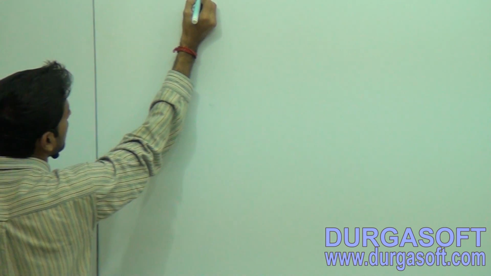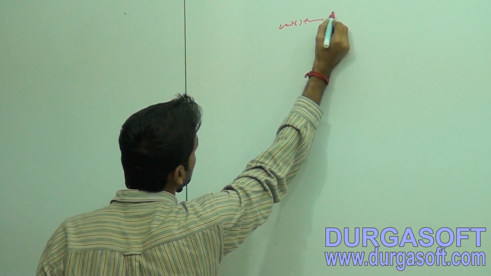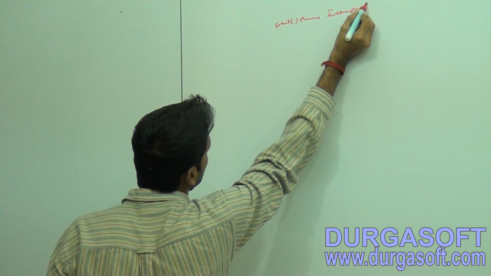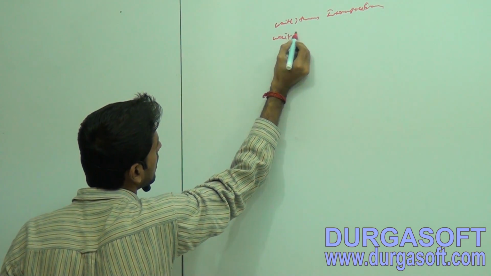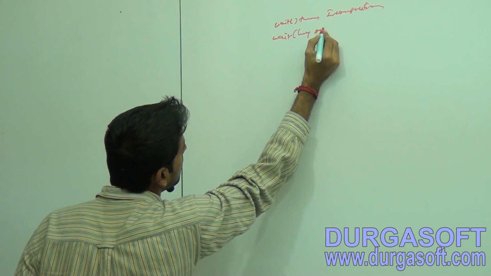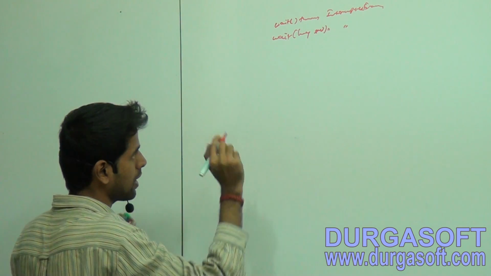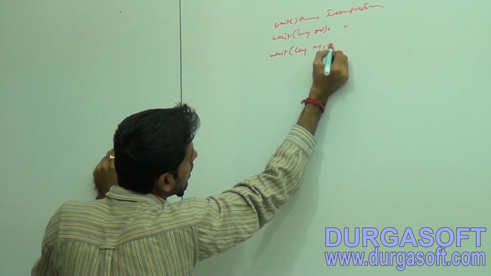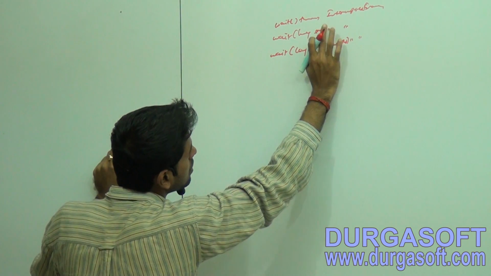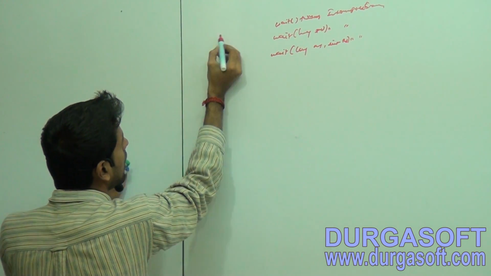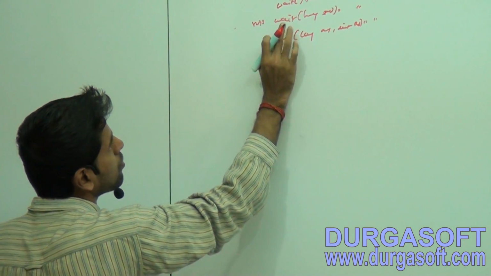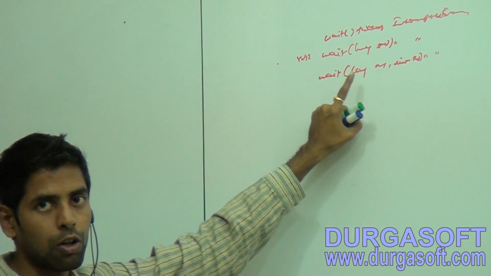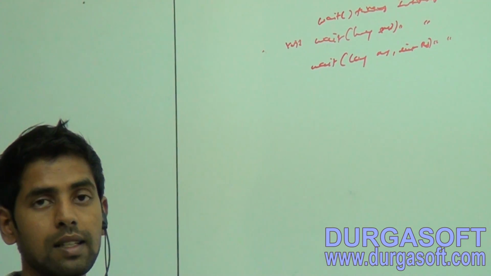So what are those methods? The wait method, which throws InterruptedException. And we have a wait method with an argument of long milliseconds, which also throws InterruptedException. And one more wait method with long milliseconds and int nanoseconds, which also throws InterruptedException. Only the wait method having the argument long milliseconds has the modifier native.